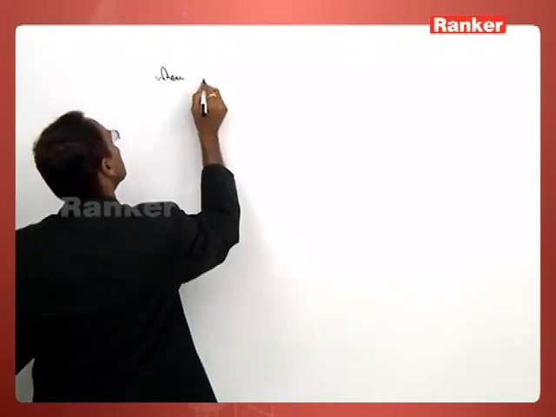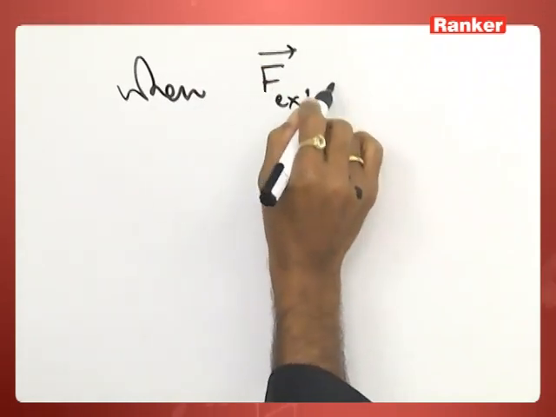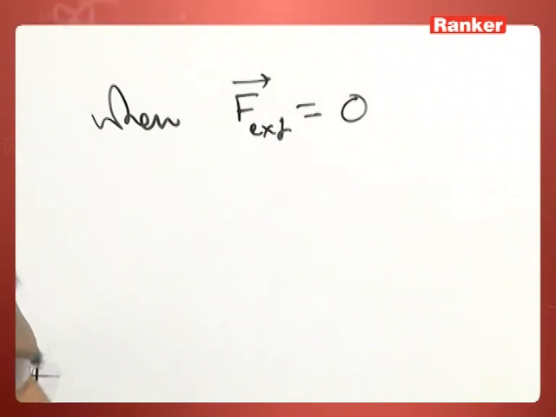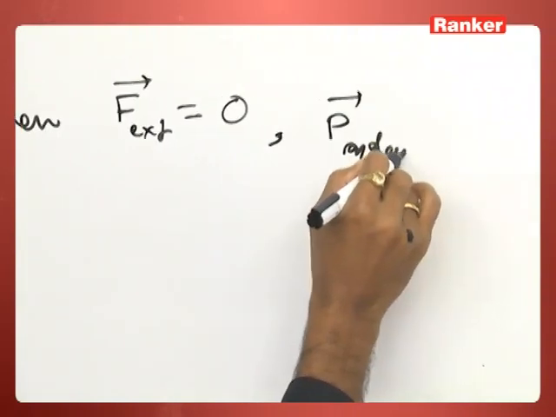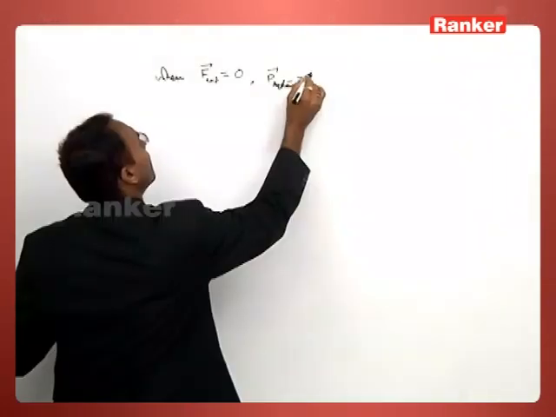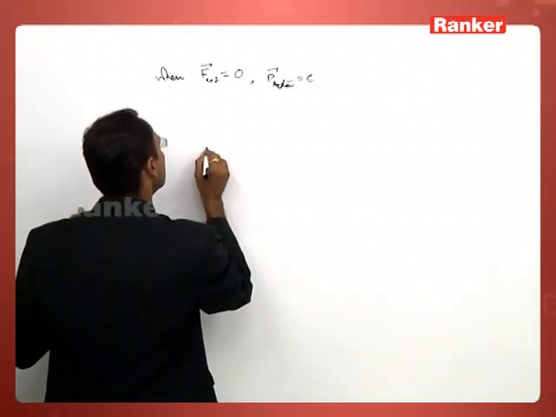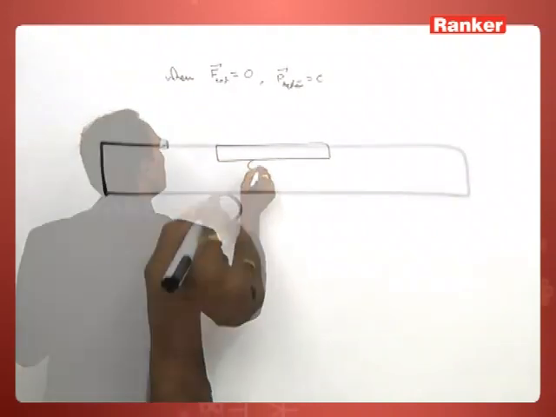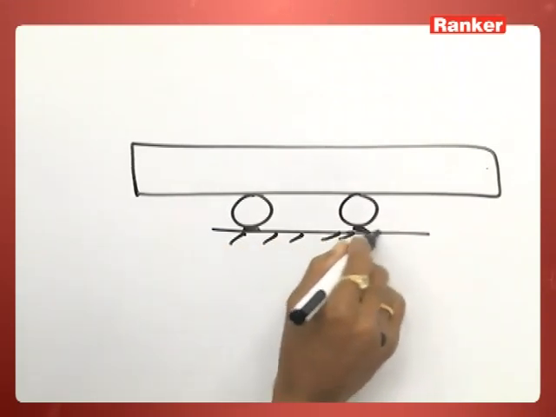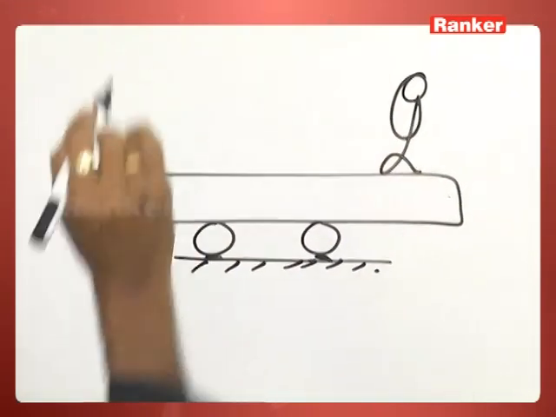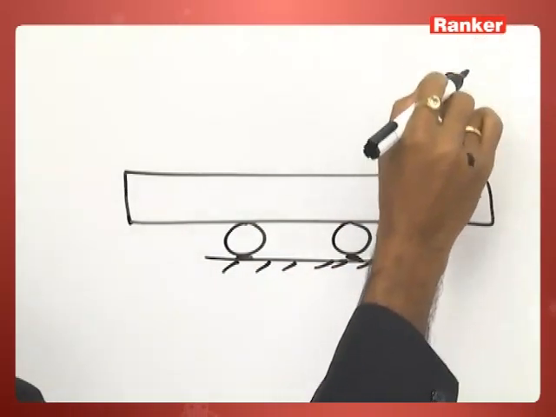The context of conservation of linear momentum. When no net external force acts on the system, the momentum of the system remains conserved. For instance, you take the trolley car, and let us assume that you are standing on the trolley car.